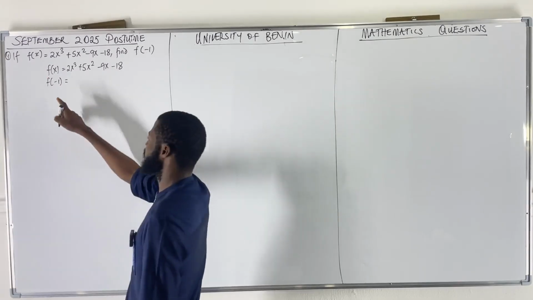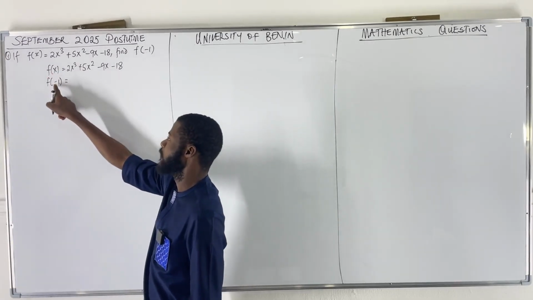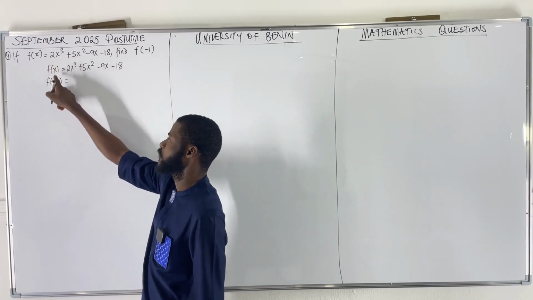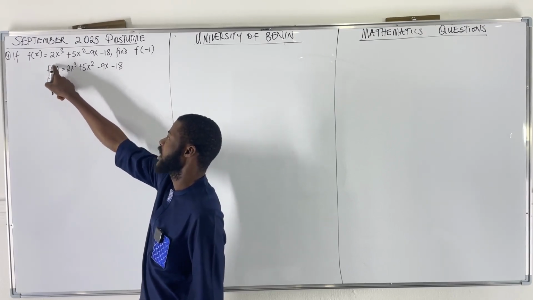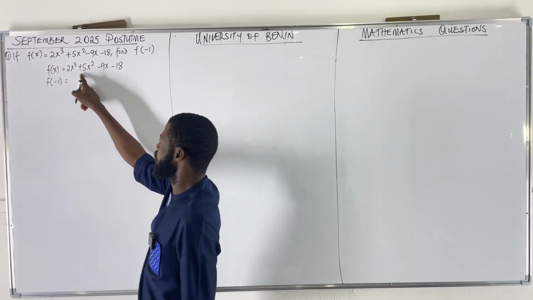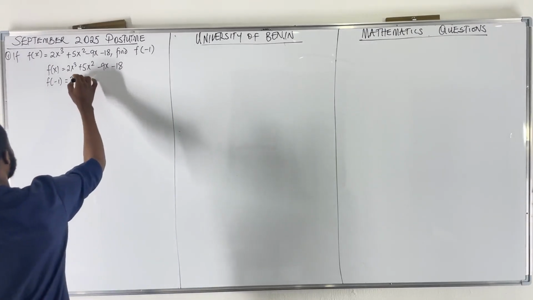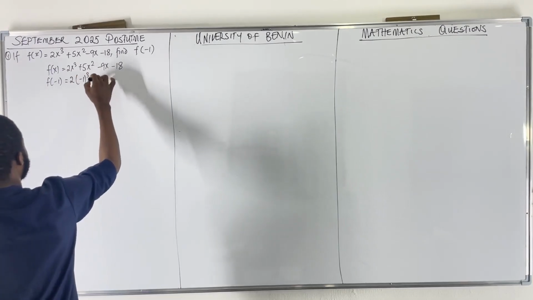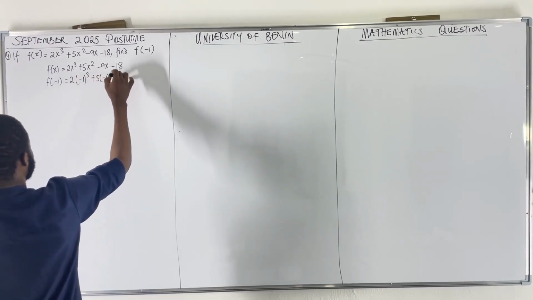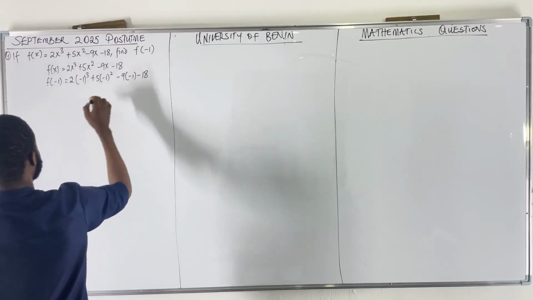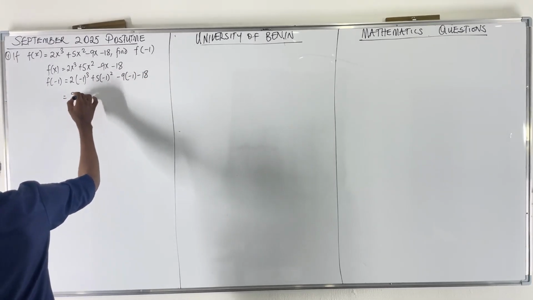Anywhere we see x, we're going to put minus 1, because if this is f and this is f, what's in the bracket is also equal to this. So x is equal to minus 1. This is 2 into minus 1 cubed plus 5 into minus 1 squared minus 9 into minus 1, and then minus 18.